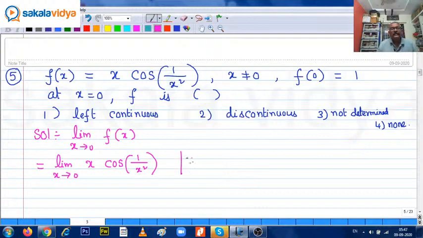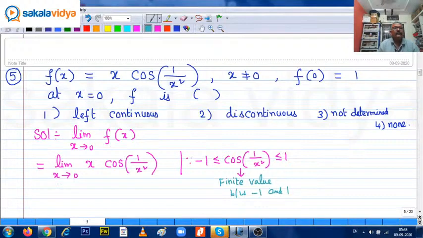Always cos of 1 by x square lies between minus 1 and 1: minus 1 less than or equal to cos of 1 upon x square less than or equal to 1. That means cos of 1 by x square is called an oscillating function. It is a finite value between minus 1 and 1.